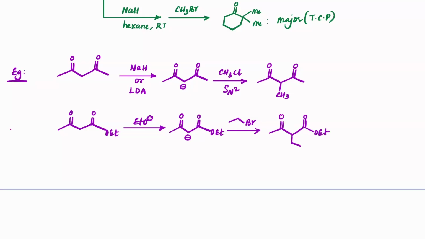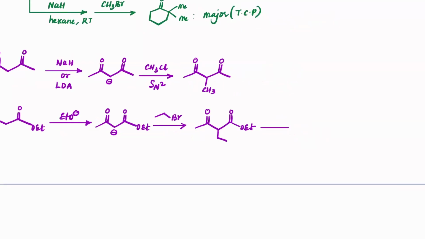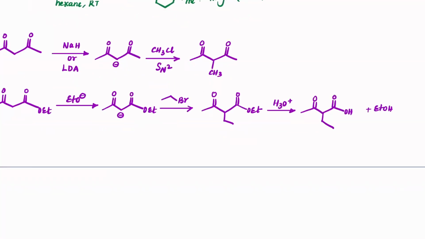Now see what I am doing. Most of these questions are always followed by hydrolysis. And you know that ester will undergo hydrolysis to convert into acid plus ethanol. Okay, this is the compound we have. And now check this compound carefully. This is a beta keto acid.